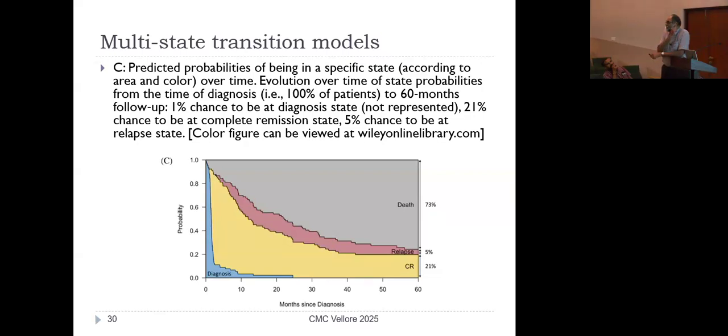In this study, nobody was lost to follow-up. But if there is a loss to follow-up, what would they do? You'd end up having to impute their state, right? And say they were in this state and they remained in this state, but that is now overinflating your transition or your remaining probability in that state.